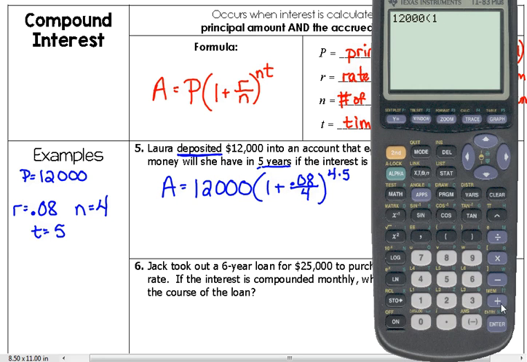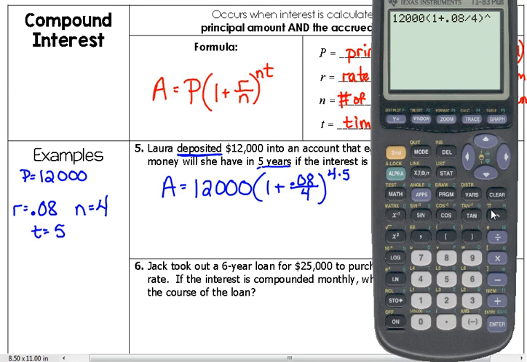You can just type this in exactly how it looks, because we really do just want the 0.08 to be divided by the 4. We really do just want that part. Now, here's where you have to be careful. When you raise it to the power, you're multiplying 2 numbers in that exponent.